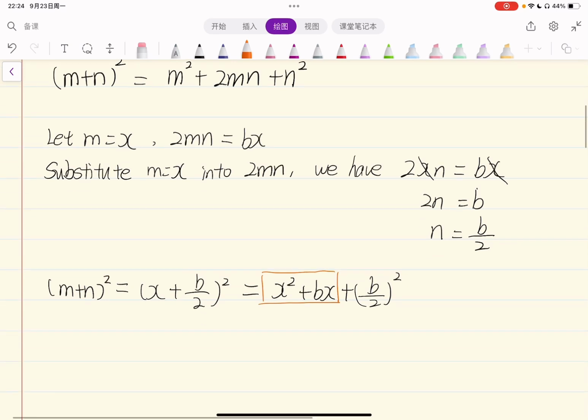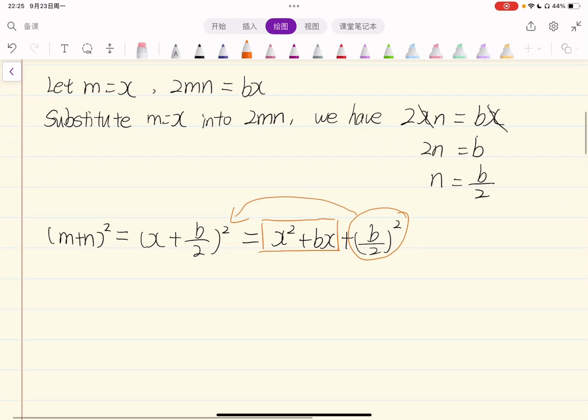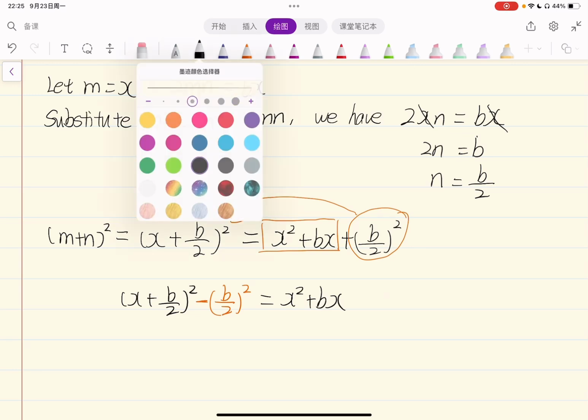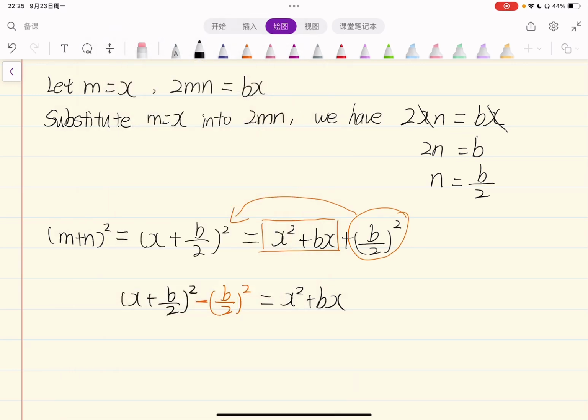So what we need to do is move b over 2 squared to the left-hand side. Thus we get x plus b over 2 squared minus b over 2 squared equals x squared plus bx. Here we get the expression of completing the square.